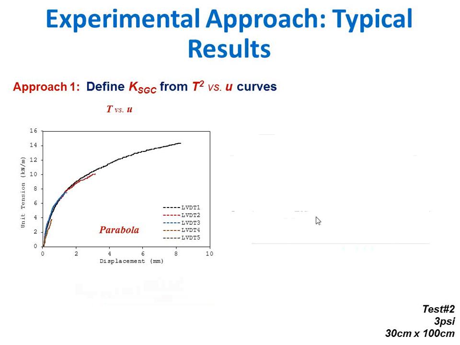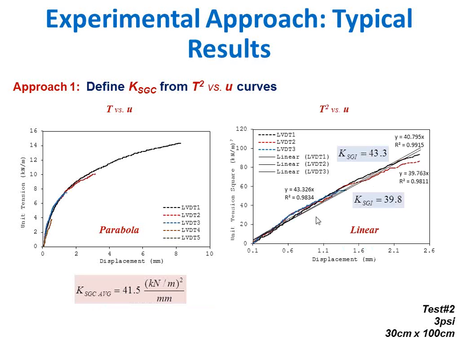Here we have different curves from the same test, because we're getting the displacement at different locations. This is the LVDT at the very front, so it will have a larger displacement. This is the LVDT at the very back, so only a shorter displacement. And this is how all of them look for this particular test.